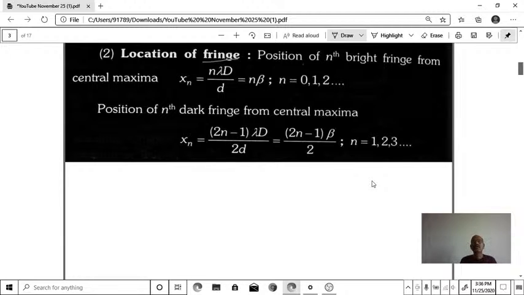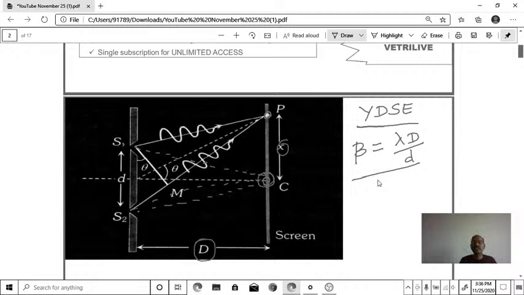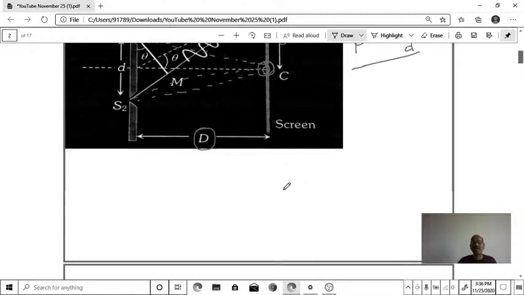Now, the location of fringes. Suppose in this Young's double slit experiment, this is the central maxima. If I consider the point P on the screen at a distance x from the center O, and I want the maxima and minima, these formulas are given.